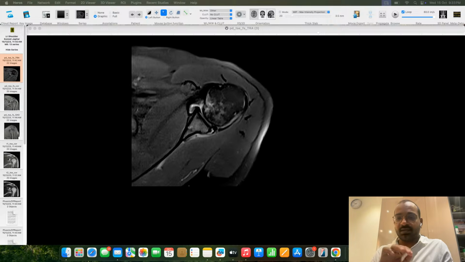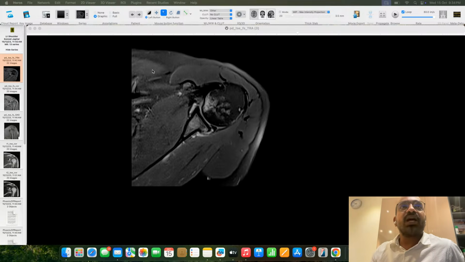This is a name for reverse Hill-Sachs lesion or McLaughlin lesion. So in McLaughlin lesion, there is every chance of recurrent dislocation of the shoulder. So what do they do?